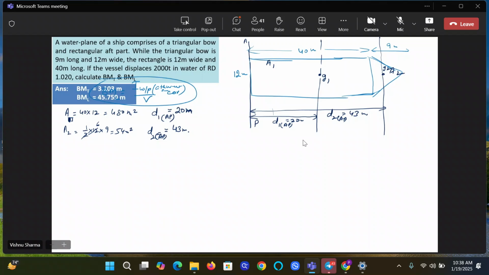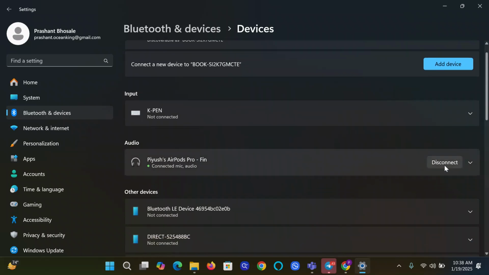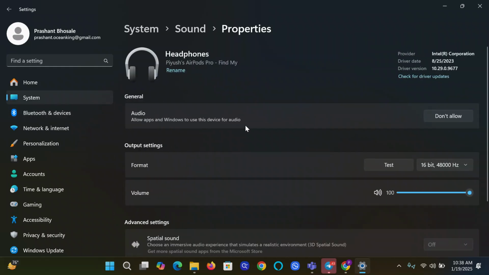Now, guys, can we find out AF, or D from the after perpendicular? Can we calculate? Please calculate. You know how to calculate. 2.325.